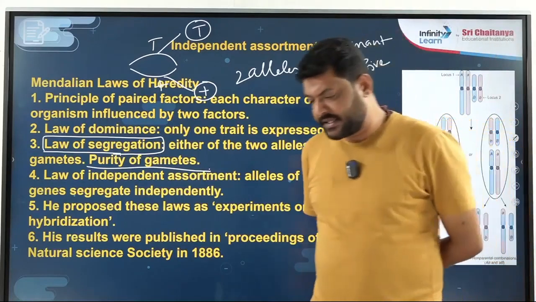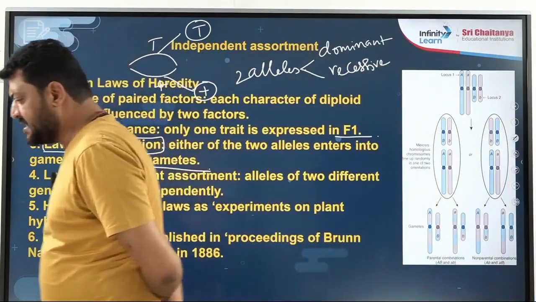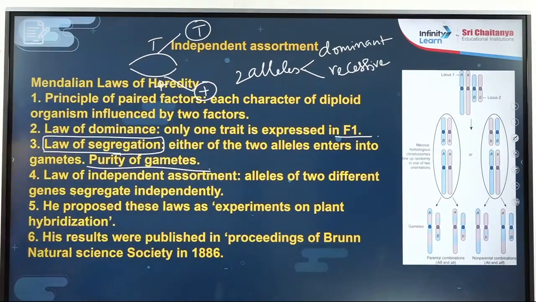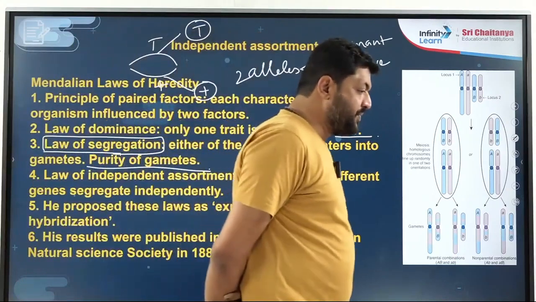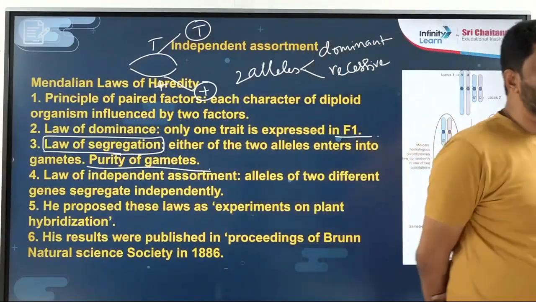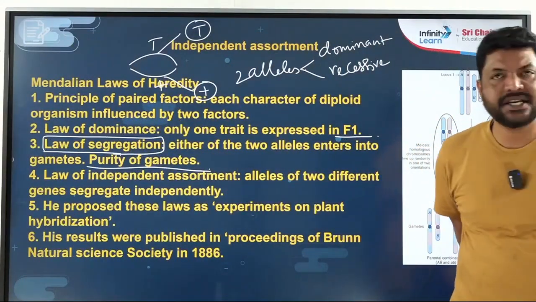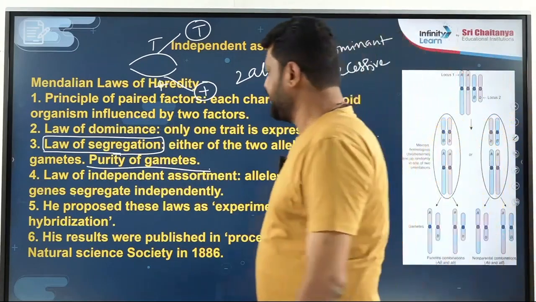So the law of dominance is not proved in all living organisms. Clear? The law of independent assortment is also proved to have failed because of linkage. If genes are linked, there will be no chance of independent assortment.